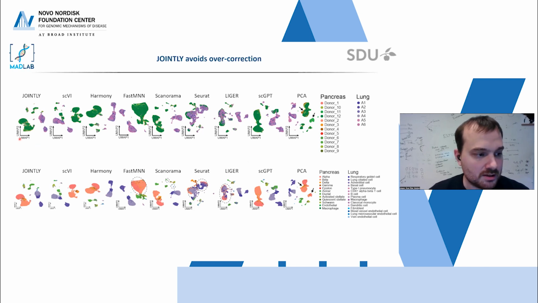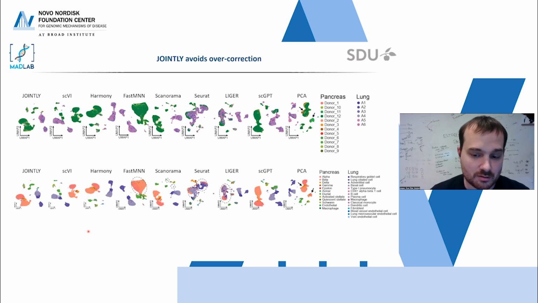So what we have up here is all of the methods, and then we have the cells colored by donor. In green, orange, red colors, we have the pancreas samples, and in the purple to blue colors, we have the lung samples. And similarly, down here, we have the cells colored by cell type.